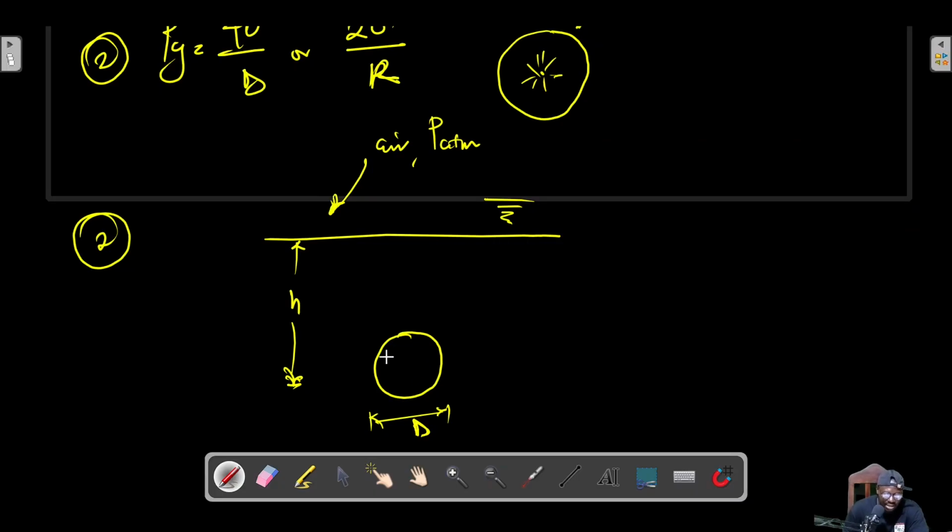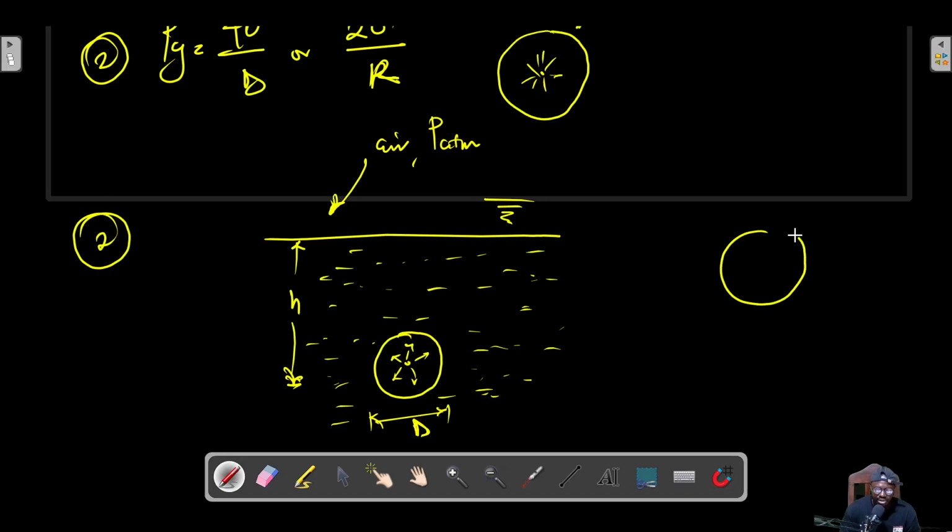Now, since the droplet is filled with gas, it will exert pressure all around the inner curved surface area of the droplet. Similarly, the liquid will also exert pressure all around the outer curved surface area of our droplet filled with gas.